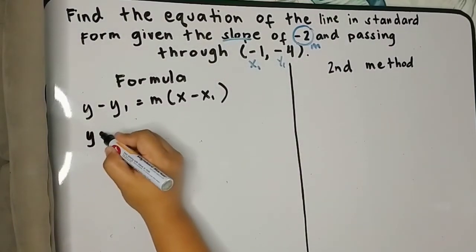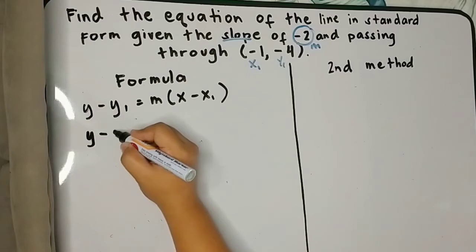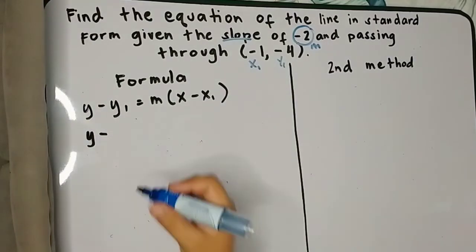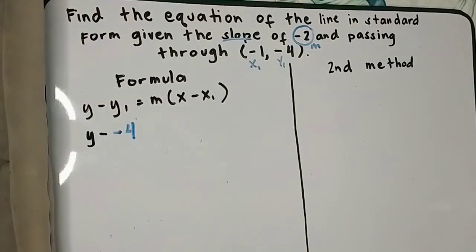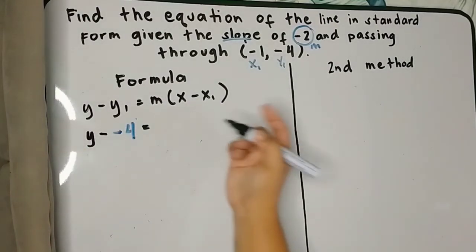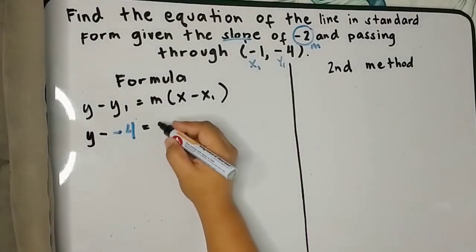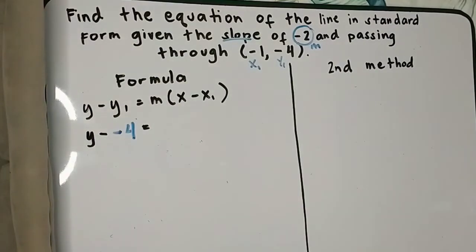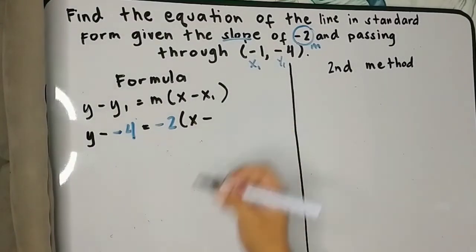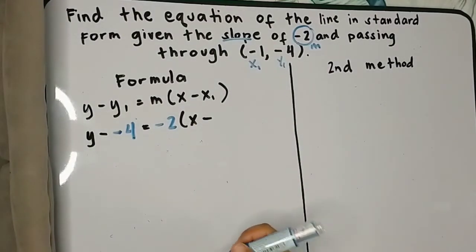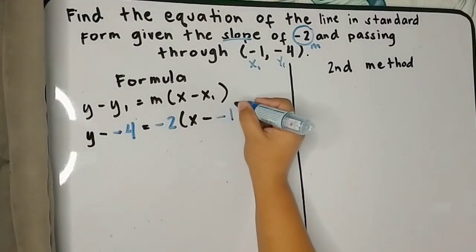Y minus y sub 1. So, y minus negative 4 equals m is negative 2. So, negative 2 times x minus x sub 1 is negative 1.